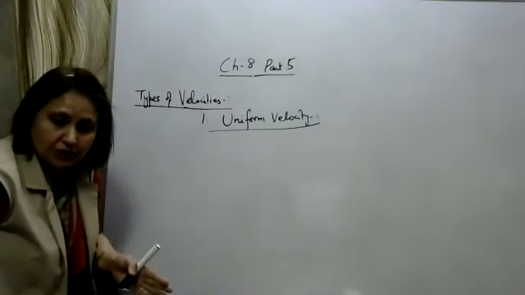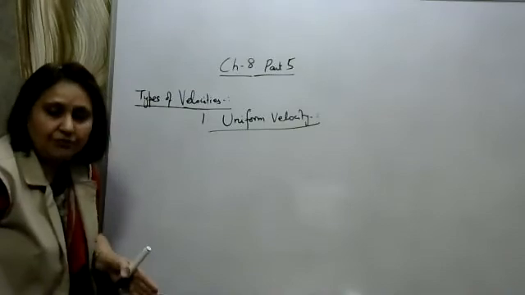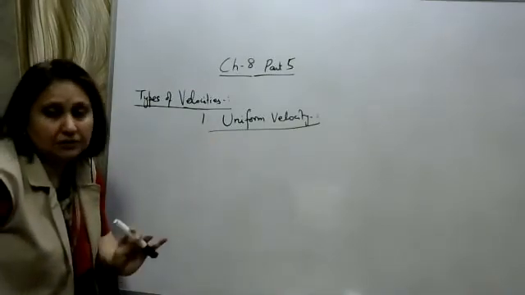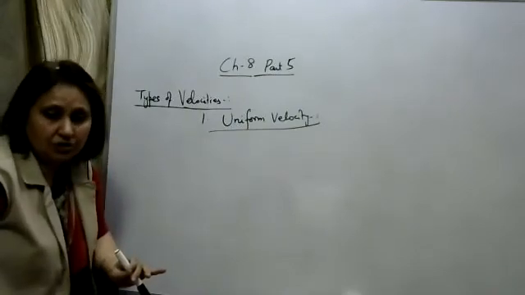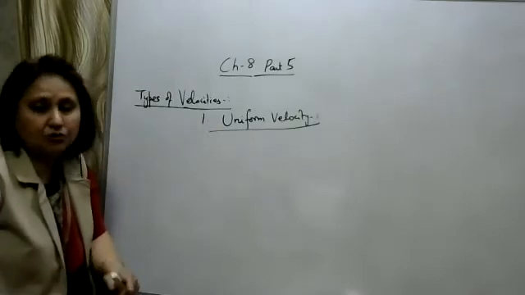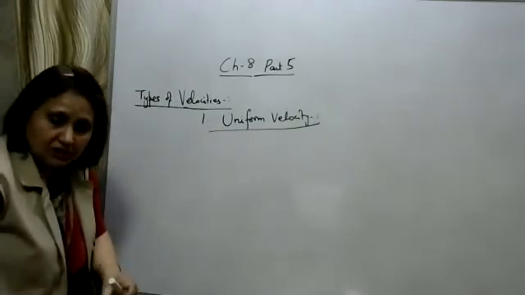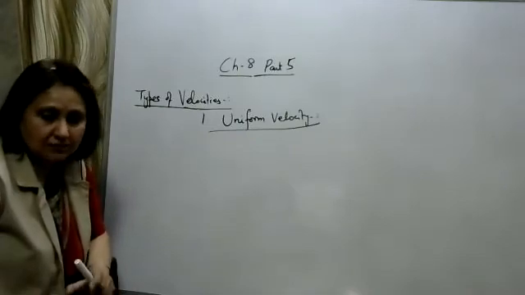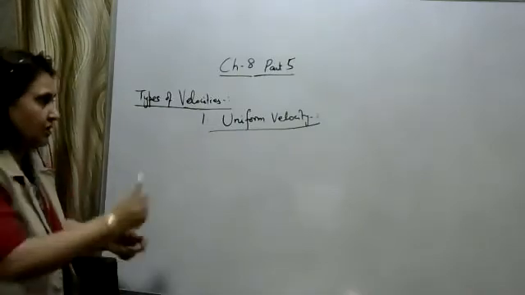So the body should be in uniform motion, and it should keep on moving in the same straight line. Then only the velocity will be constant. It should not change its direction.